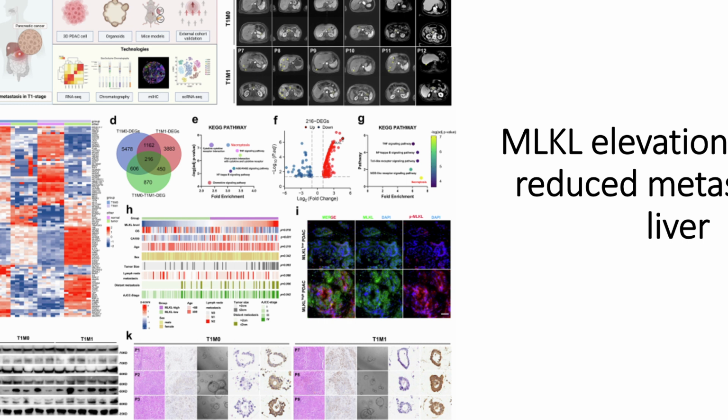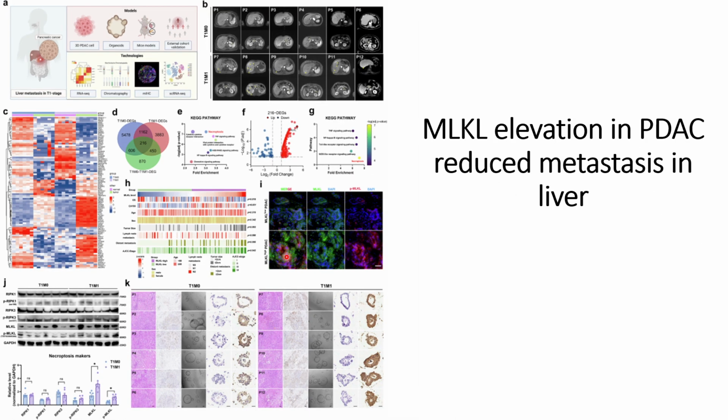This indicates that MLKL low are in the regions where tumor volume is high, whereas MLKL high are in the regions where tumor volume is low, indicating that low tumor volume has a high probability of spreading across the metastasis.